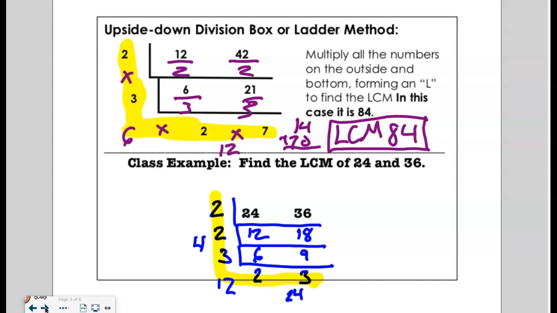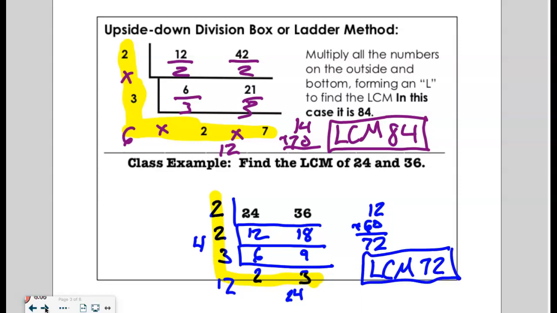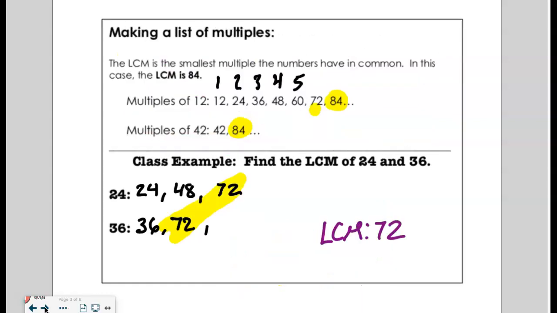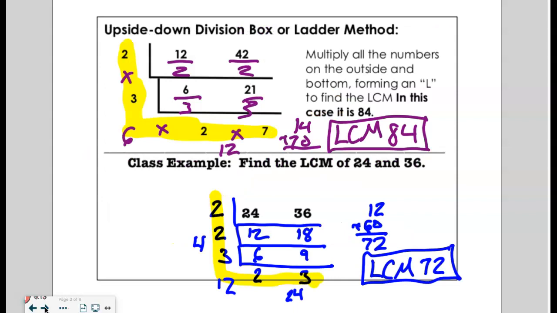And 24 times 3 is 72. So our LCM of 24 and 36 is 72, which is what we got with our last method too. So we got the LCM of 36 and 24 is 72.